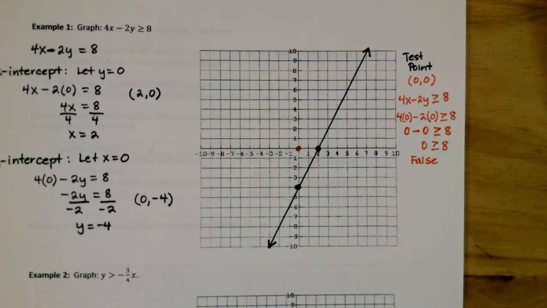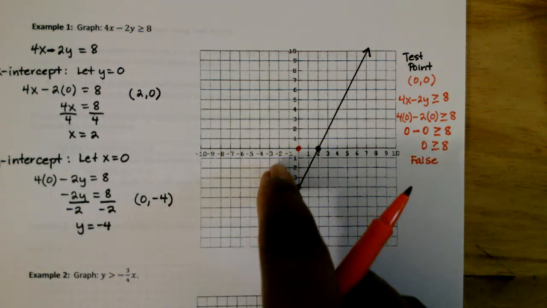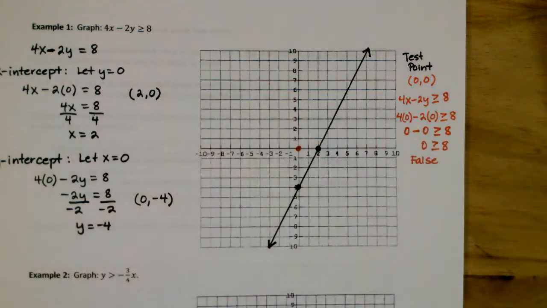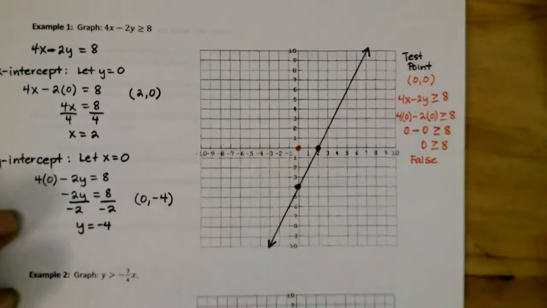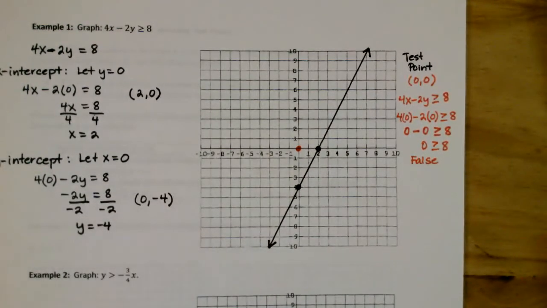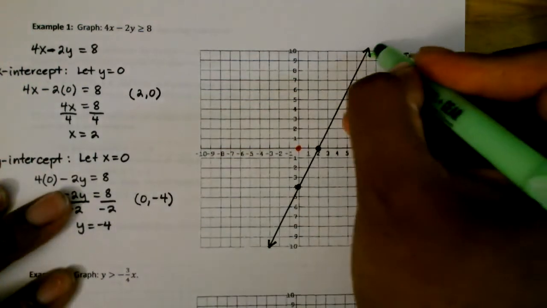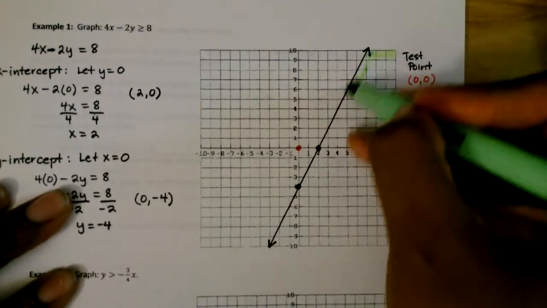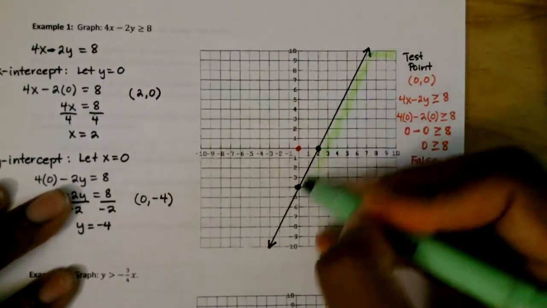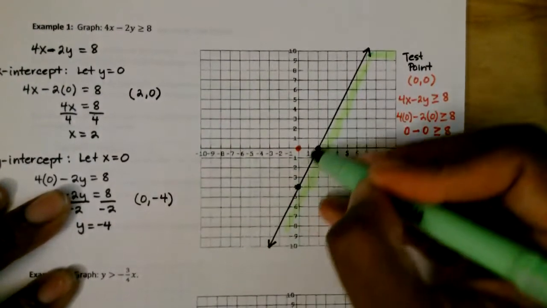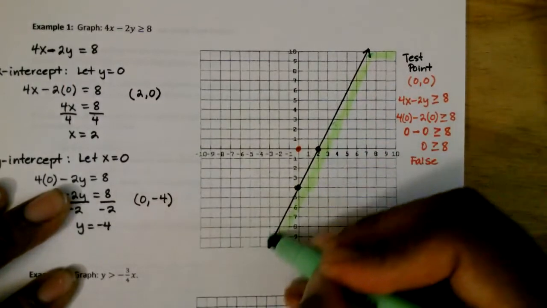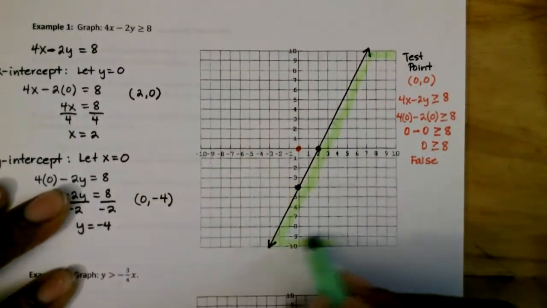So that means we have to shade the half plane that does not contain this test point here. So we're not going to be able to shade this part. We have to shade this part right here, because that's the part that does not include the test point.